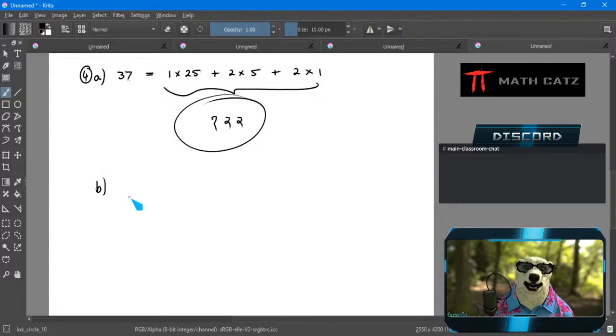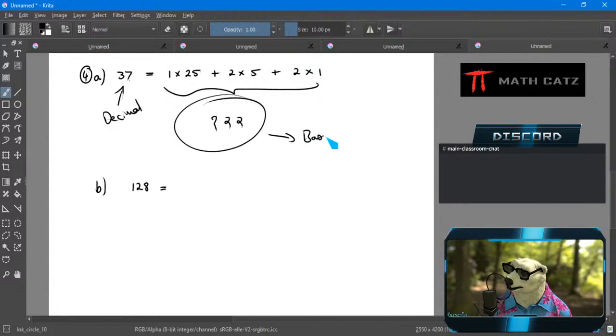B, we have 128, and we know now from decimal, this is decimal, this is base 5. It is a completely different number system, though it has similarities in terms of places and stuff. The group size, the place value is different, completely different.